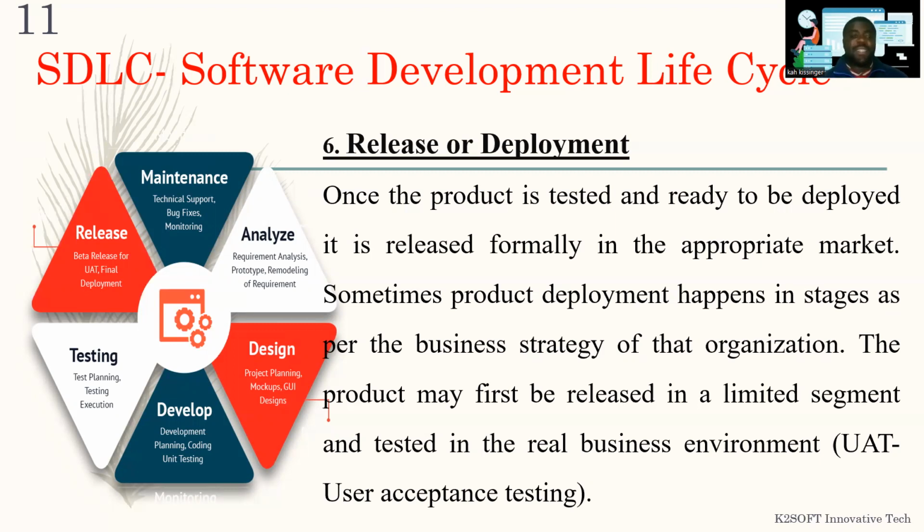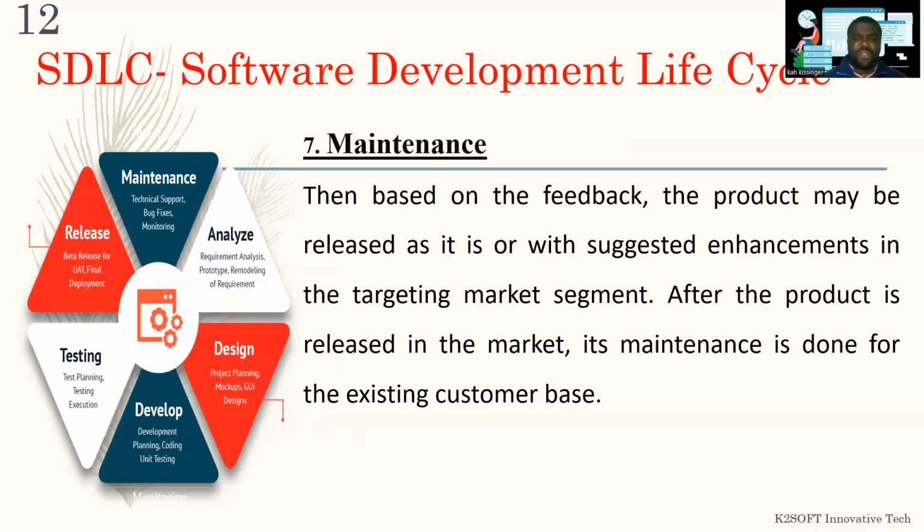So basically, these are some of the stages of the SDLC. Maintenance, of course, is one of the most important, where you do the technical support, the bug fixing, and the monitoring. You must ensure continuity in your maintenance services to your product.